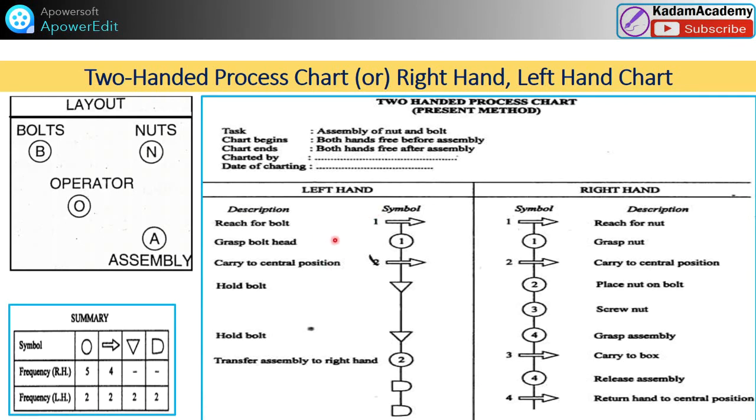Meaning what? Reach the bolt, reach the nut, grasp the bolt head and grasp the nut, carry them to the central position, place nut and bolt, screw the nut, grasp the assembly, carry to the box.